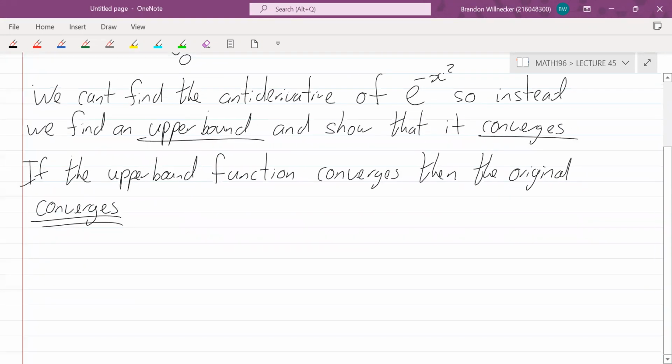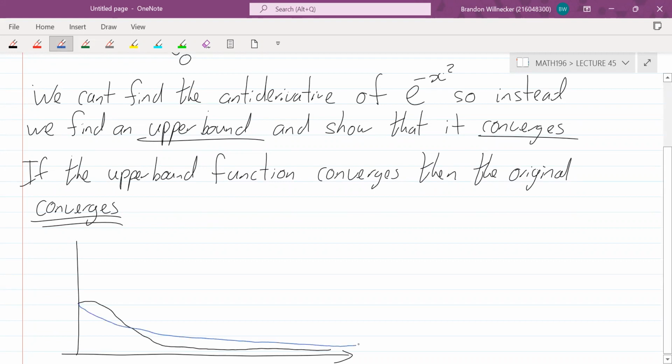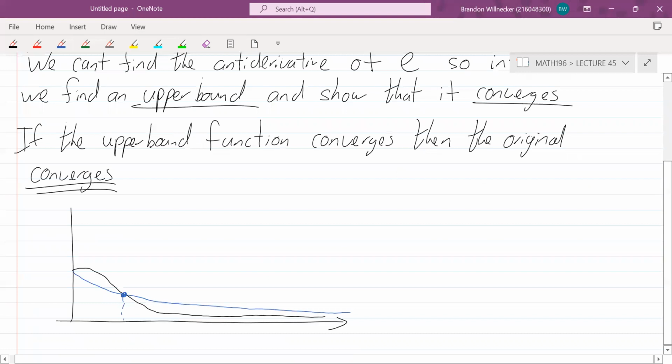So let's just look at what this graph looks like. Okay, so e to the minus x squared is going to look something like this. Okay, on the other hand, e to the minus x is going to look something like that. Okay, and then this crossover point here, let's say over there, that's going to be at 1.